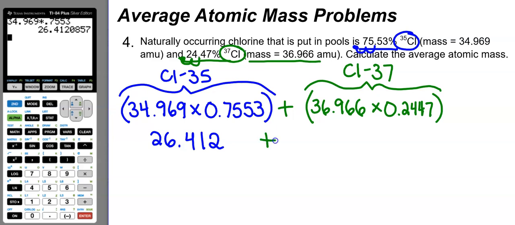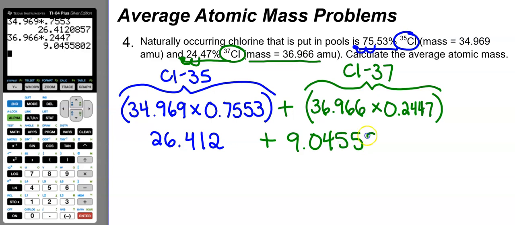And then of course we need to do the same thing for chlorine-37. Multiply those values out. 36.966 times 0.2447. And there's my mass contribution for chlorine-37, which is 9.04558.